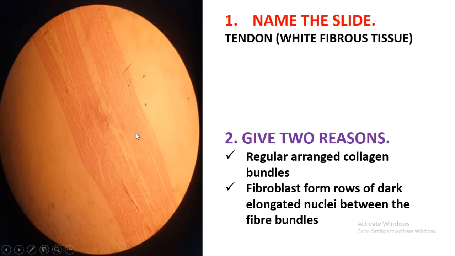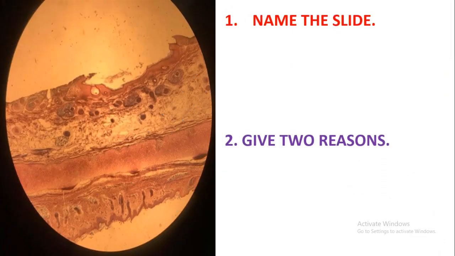The fibroblasts have made elongated nuclei between the fiber bundles, and the fibroblast is the cell which produces the extracellular matrix. One of the contents of the extracellular matrix is the collagen proteins. Let's quickly move on and look at the next one.